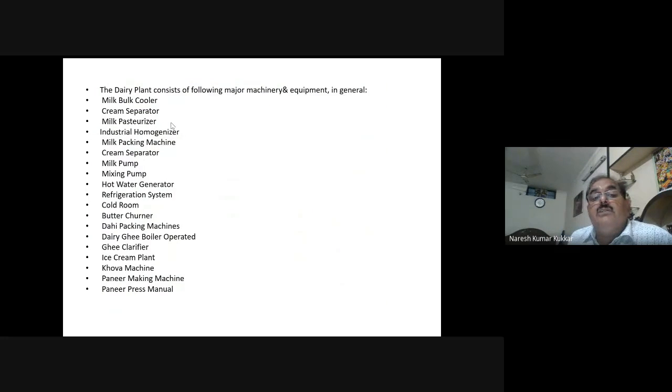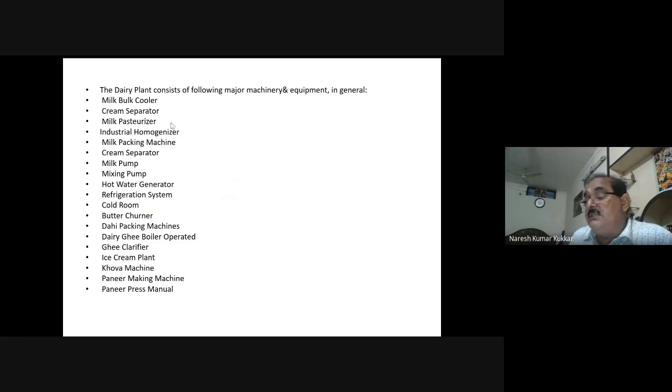The dairy plant consists of the following major machinery: bulk milk cooler, cream separator, milk pasteurizer, industrial homogenizer, milk packing machine, milk pump, mixing pump, hot water generator, refrigerator system, cold room, butter churner, dahi packing machines, dairy ghee boiler or ghee clarifier, ice cream plant.